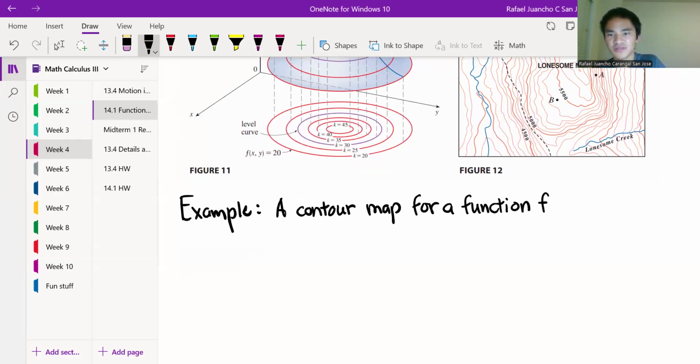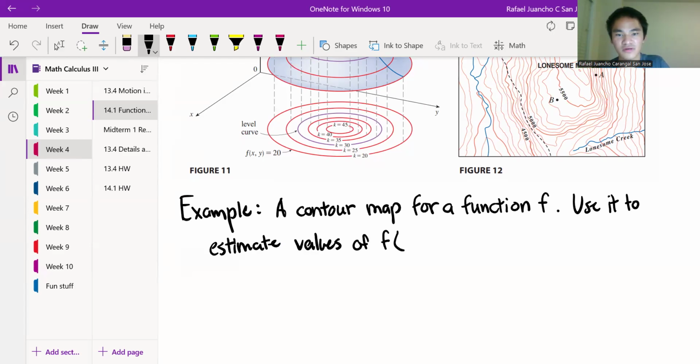And here we use it in order to estimate values of f of 1, 3, and f of 4, 5. So again, this is a function of two variables.